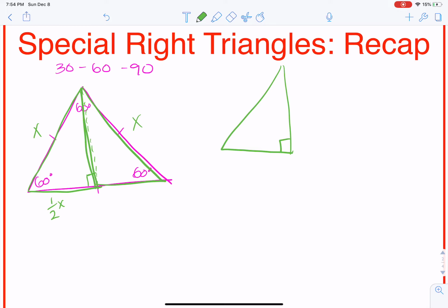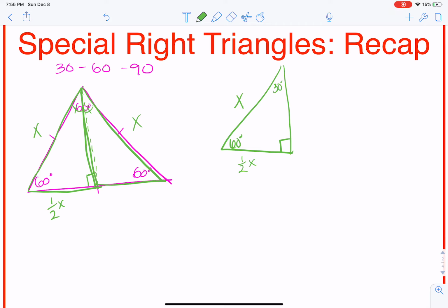So here I have this 90-degree angle, this 60-degree angle, and this 30-degree angle. There's my 60 cut in half. My hypotenuse is x, which is the side length of the entire equilateral triangle. And I know that I have 1/2 x over here off to the side.